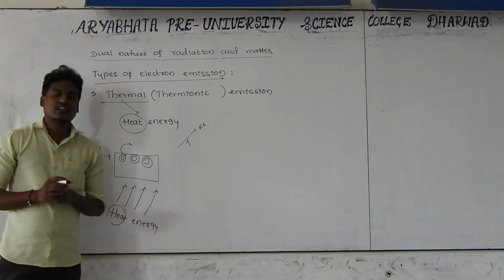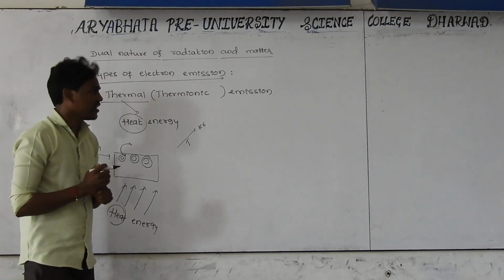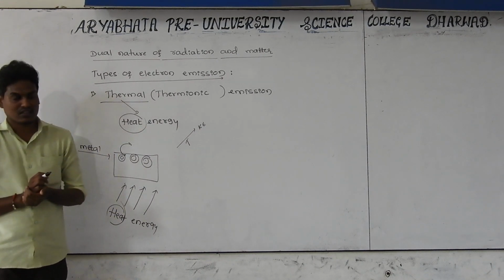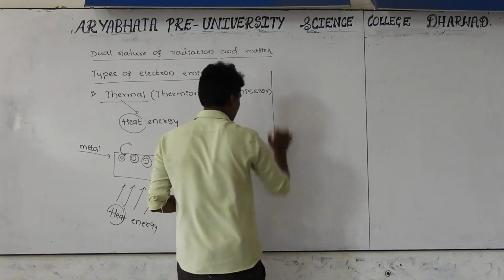The process of emission of electron from the surface of the metal by using this thermal energy is called thermal emission. That is the definition.